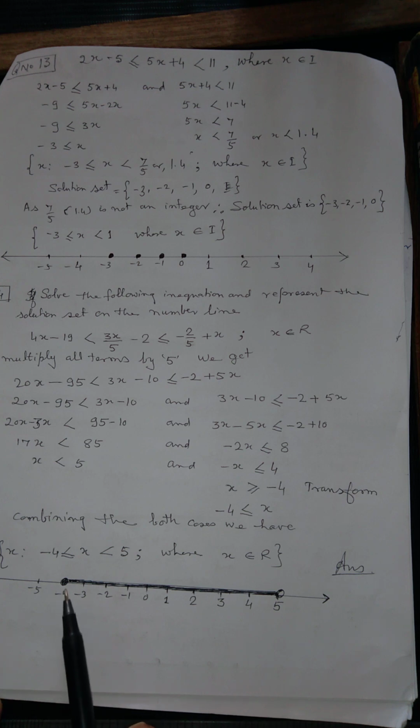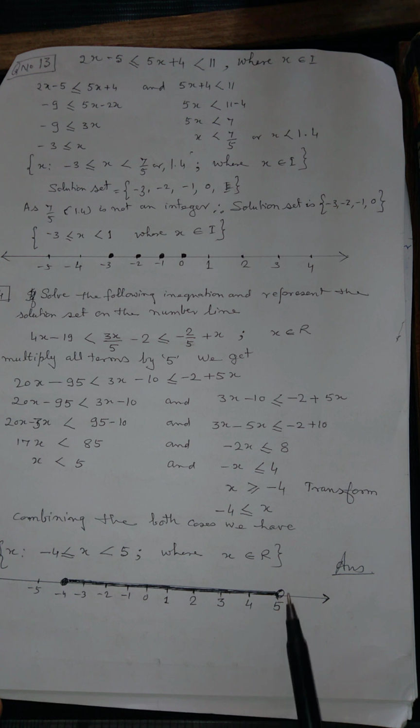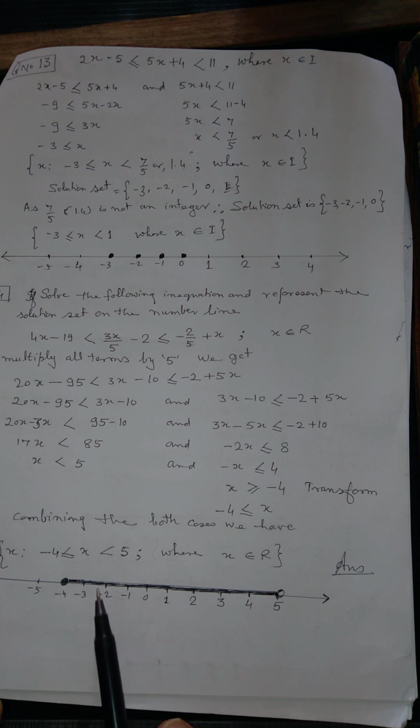You see, I have blackened or darkened the minus 4 and a blank circle has been drawn on the point 5. So the line drawn has been darkened or thickened to represent the real numbers, which will be the solution for this question number 14.